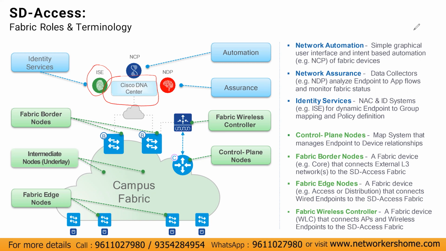To handle this kind of data, these switches are so efficient that they can handle more than 10,000, 20,000 requests at a single point of time by communicating with each other. That's the reason they have created a separate product line of the Catalyst 9K. Yes, you can use it traditionally as well. That's not a problem at all, but it is specifically designed for making use of the SDA architecture.